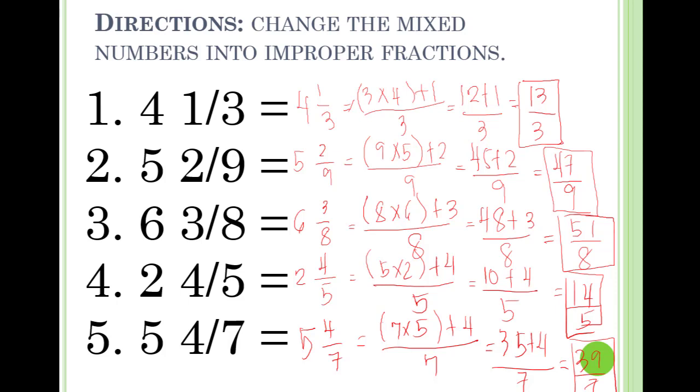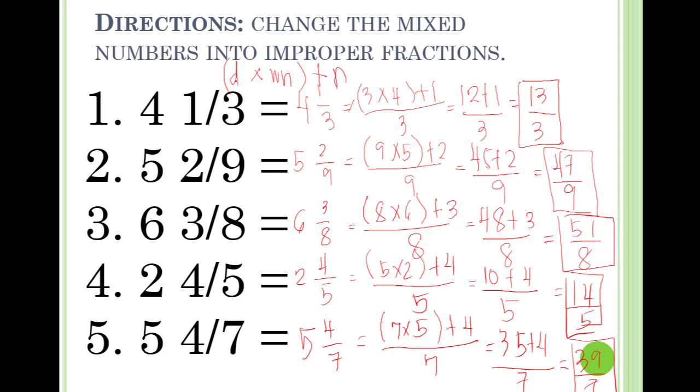Do you understand? So the only pattern that you have to do is you need to multiply the denominator and the whole number, and you need to do the bracket, and you have to add the numerator.